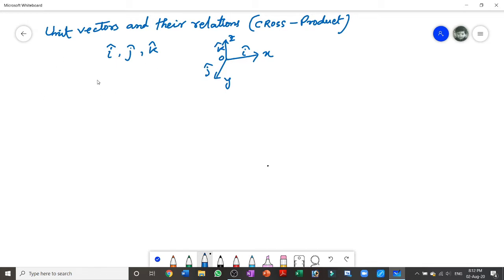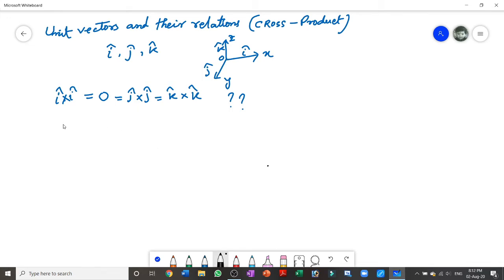So what is the relation? The relation here is that I cap cross I cap has the value 0, and it will be the same as j cap cross j cap and k cap cross k cap. Why? The question arises here, why?